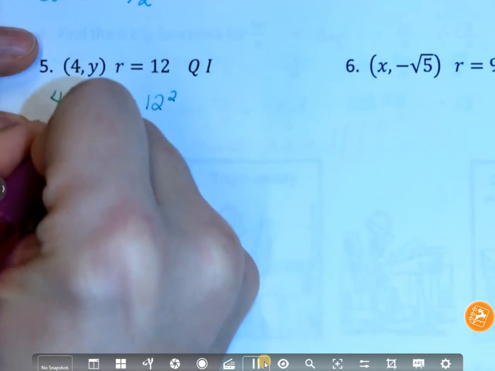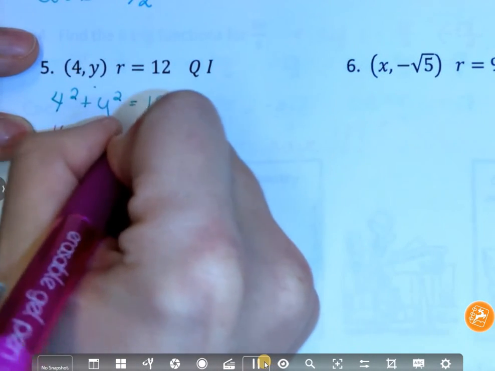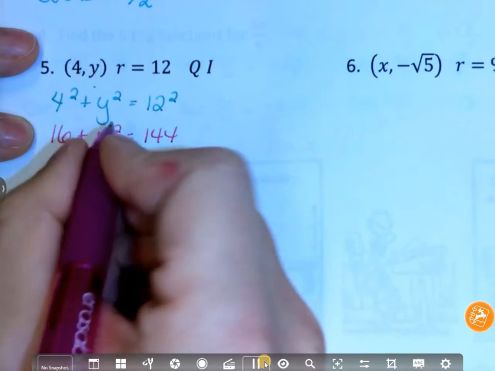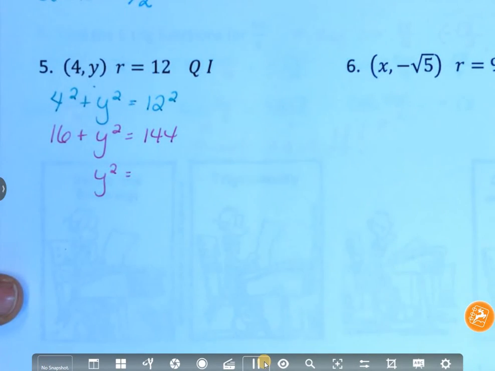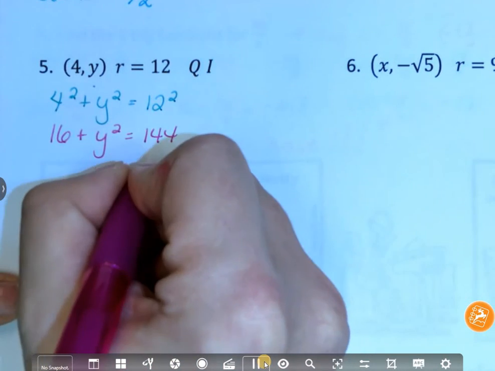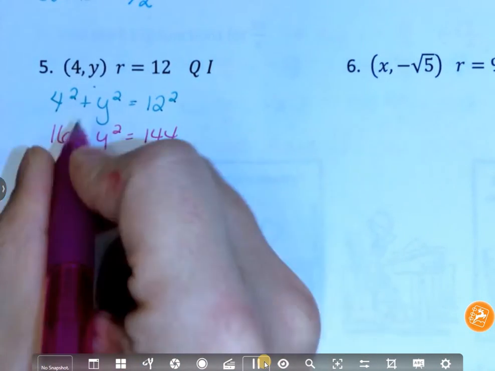So that means I have 16 plus y squared is 144. That tells me y squared is going to be equal to what? What is 144 minus 16? Apparently I can't do math, so I need your help. We in agreement? Yup.